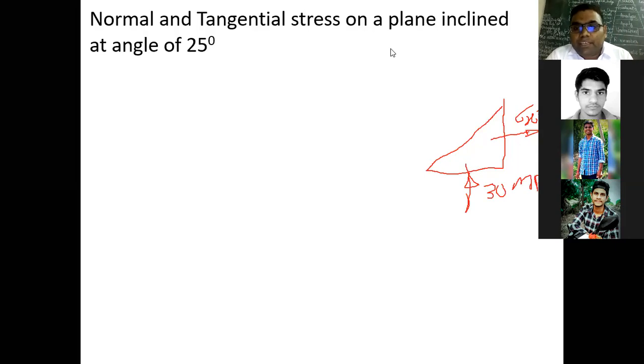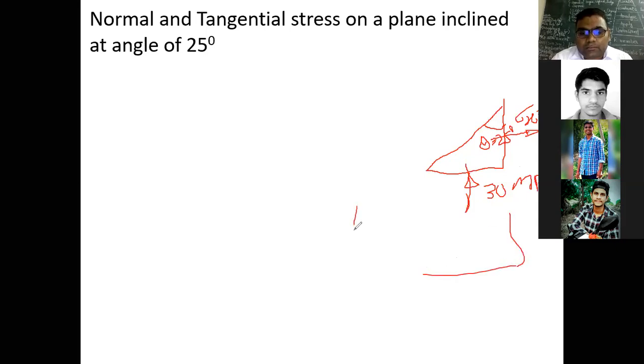This means, simply, that this angle is given. Now theta here is 25 degrees because it is mentioned in the question. But initially when we drew that numerical, we had taken it like this.